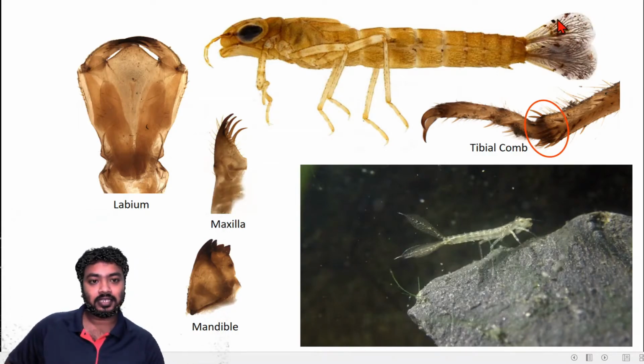So these can be characters to differentiate between larvae, at least up to genus sometimes. This is a larva of Ceriagrion coromandelianum, the Coromandel marsh dart, and this one is Agriocnemis pygmaea, the pygmy dartlet. Okay, let's see the video.